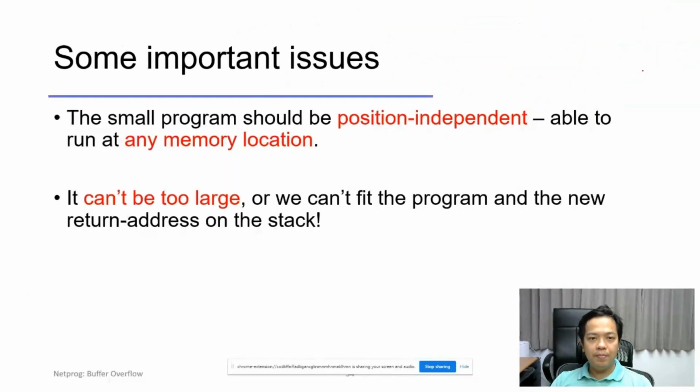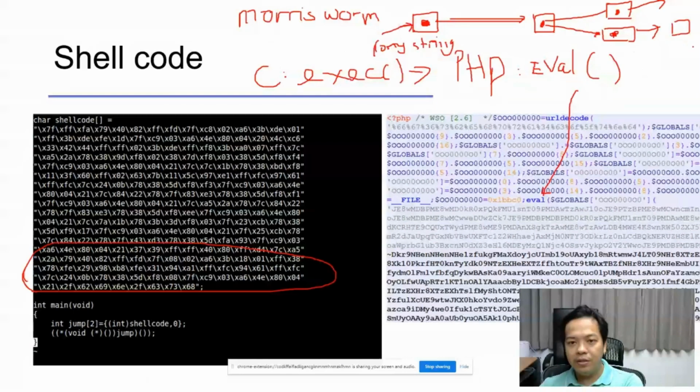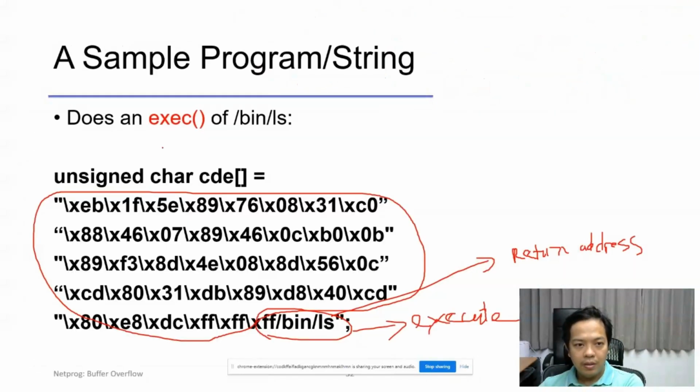Okay, some important issues I want to tell you a little bit. First, the small program is position independent. That means if you want to make sure this kind of input string can work in every operating system, you need to make sure it can code the length and how this kind of function can run in the target.